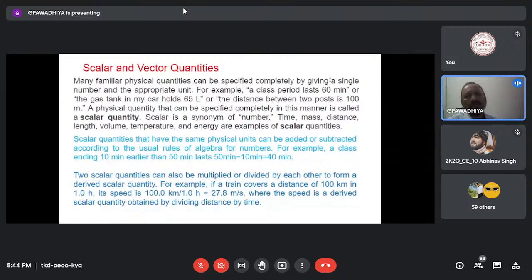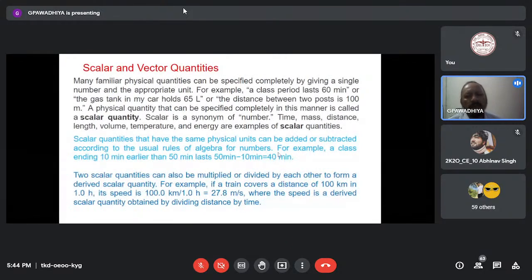So this number and unit define this scalar quantity, which does not require any direction to define this quantity. So this quantity we call a scalar quantity.